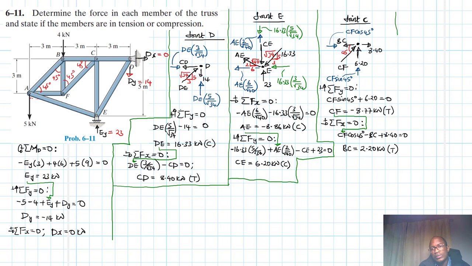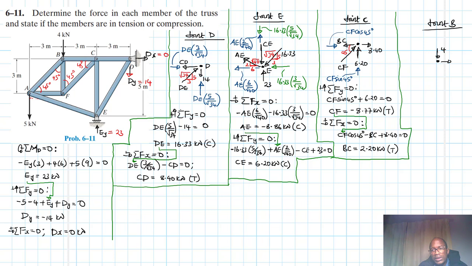We found the components, right? So we are going to go to the next joint, which is joint B. Okay, this is joint B. So we have a force on top, which is a 4.